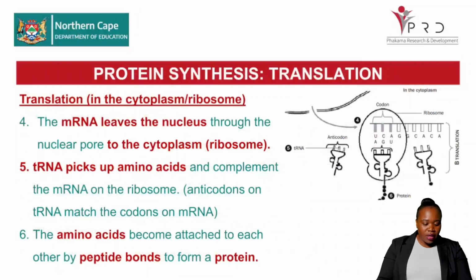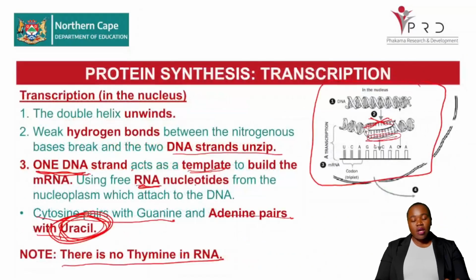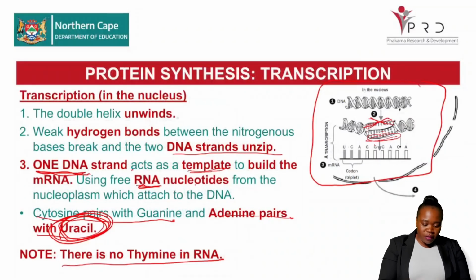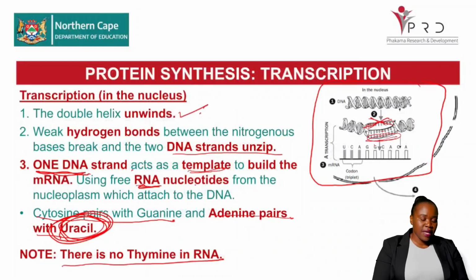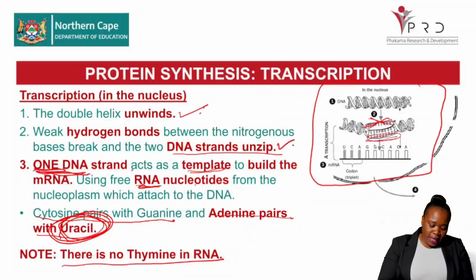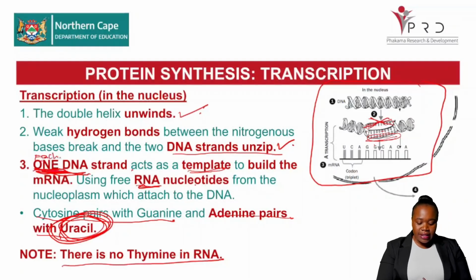Okay, now the mRNA, let's go back to transcription. Remember I said that we're going to look at transcription and compare it to DNA replication. So the first step of DNA replication is exactly the same as that of transcription. The second one also, the DNA will unzip and weak hydrogen bonds will break, is also the same. However, when we look at DNA replication, instead of saying one strand acts as a template, we say each strand acts as a template to build DNA.